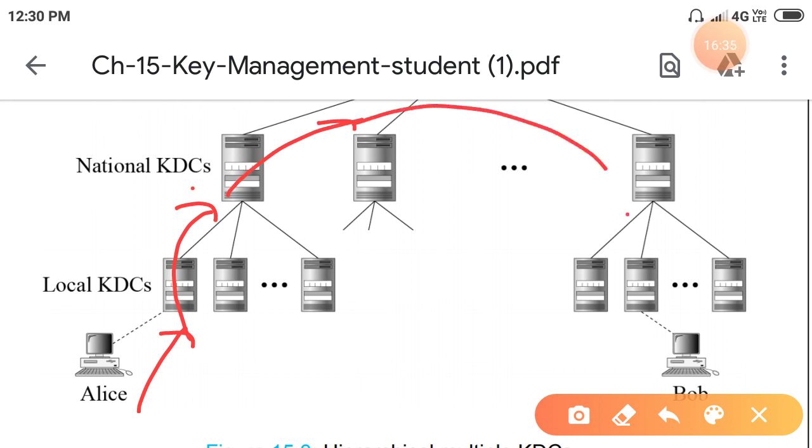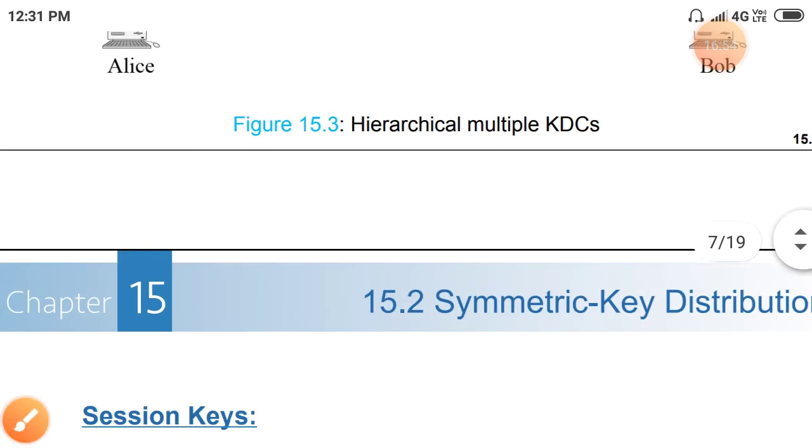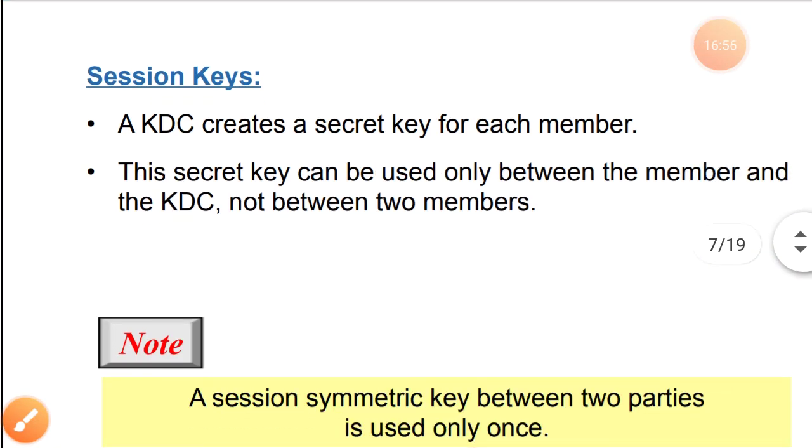Then the request is relayed all the way down to the local KDC where Bob lives. So this is hierarchical multiple KDCs. Like this, the session key is created among the different parties.